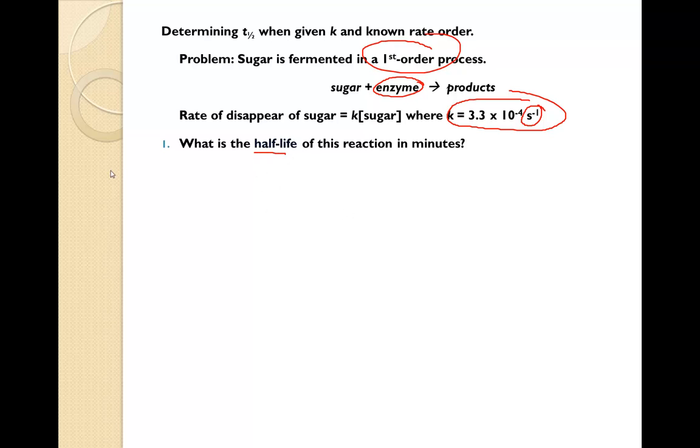So it's first order, so that means t of 1/2 is equal to ln of 2 over k, which is the same thing as saying 0.693 over k. The k is 3.3 times 10 to the negative 4.